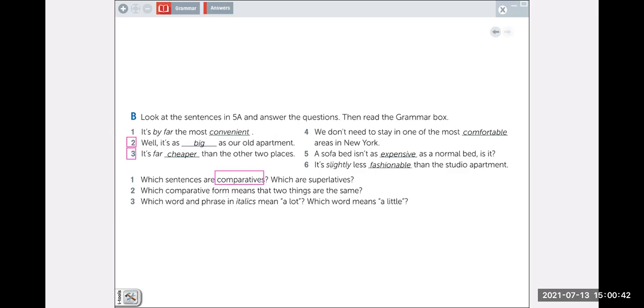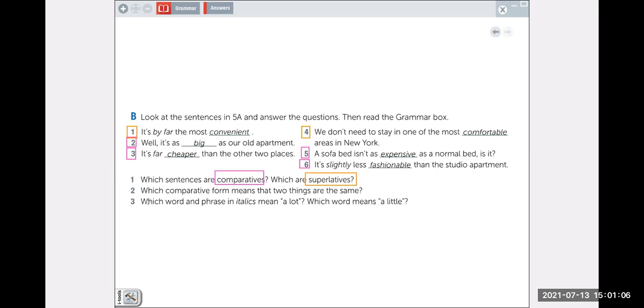Number 5. Okay. We are comparing here. Number 6. Okay. Yes, we can say 6. And then we have the superlatives. As your partner said, we have here in the first one, number 1 and number 4, right?